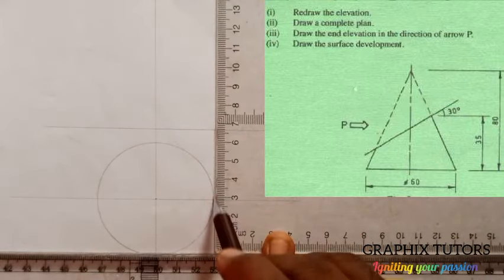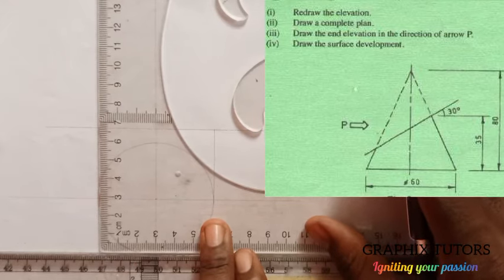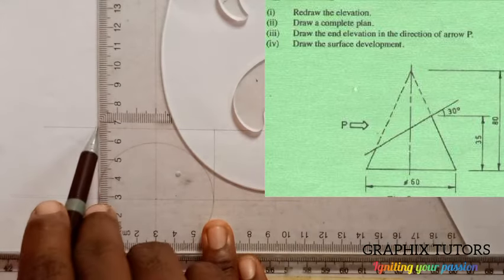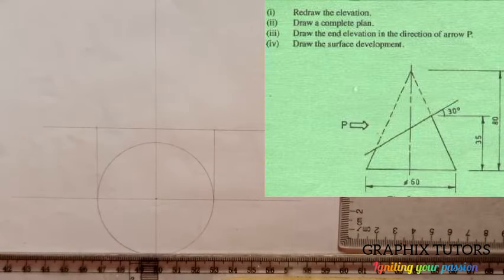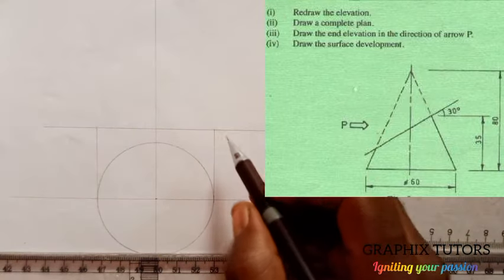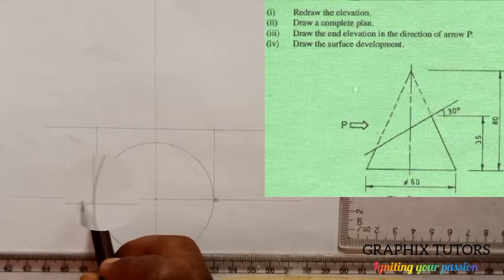I would project it here on my front line, and I'll also project it here on my front line. Can you see that? Now, I will mark this point. I'll say this is my point 0, right? And this will be my point 6.